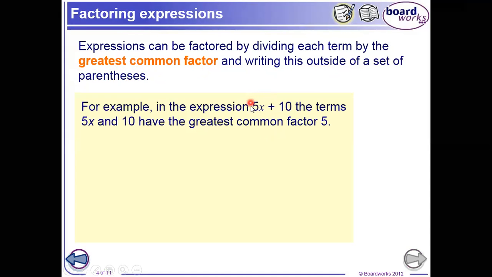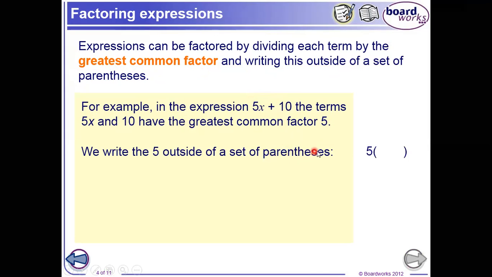We have an expression which is 5x plus 10. The terms 5x and 10 have a greatest common factor, which is 5. So we shall take the 5 outside of the parentheses, and what remains is what we shall write inside the parentheses.